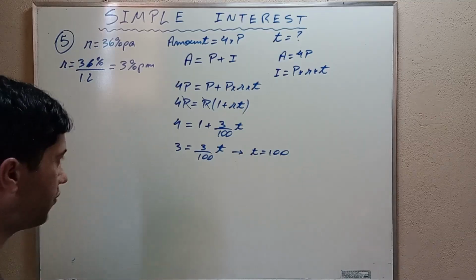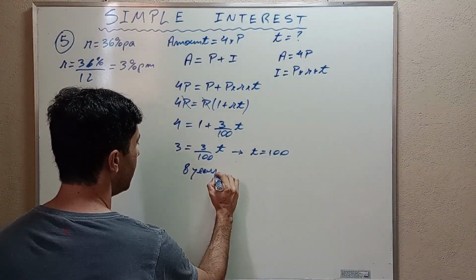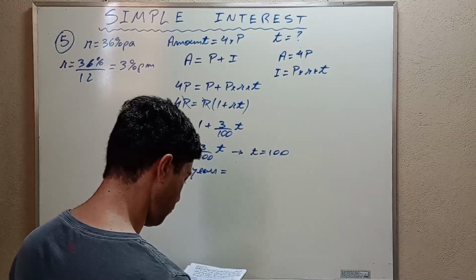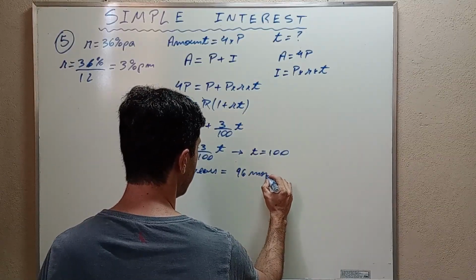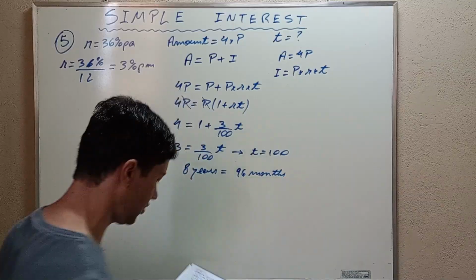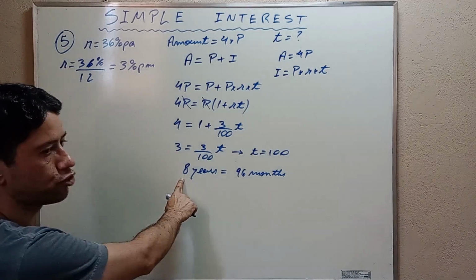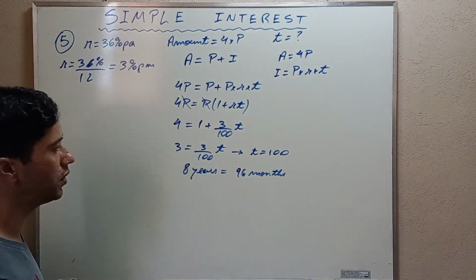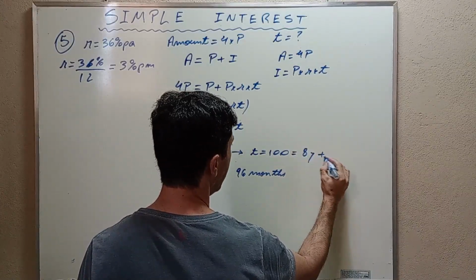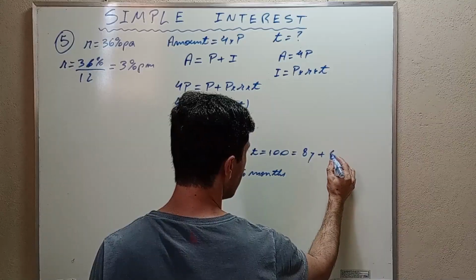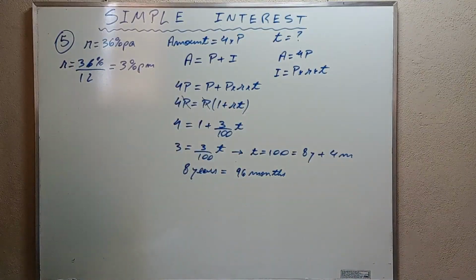Observe that 8 years is equal to 96 months, okay? 8 times 12 is 96, so the time is equal to 8 years plus 4 months, alright? 8 years plus 4 months.